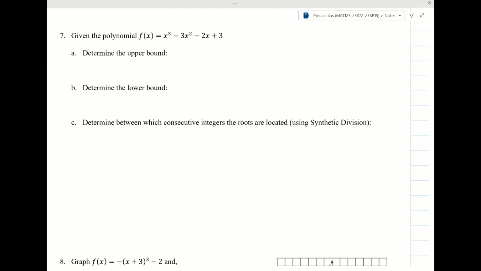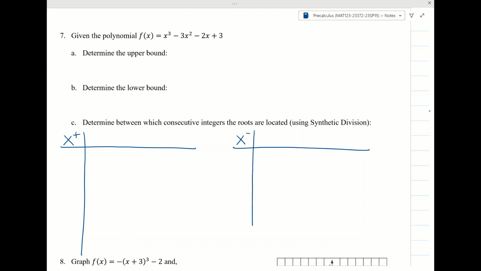And I gave you plenty of room over here to do our big tables. Remember, we make one table for the positive x-intercepts. We make one table for the negative x-intercepts. Generally, we start at 0 and we go up to 4. We might have to go further. We might have to stop earlier.